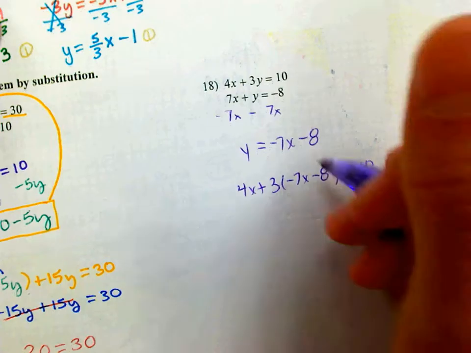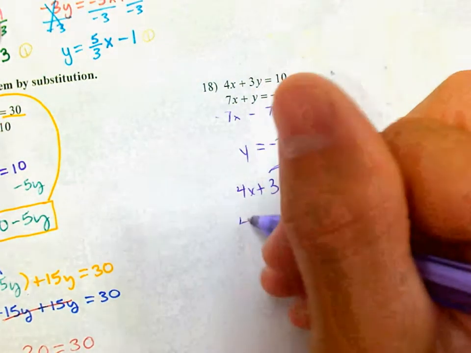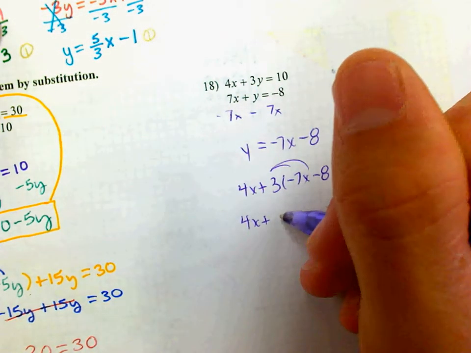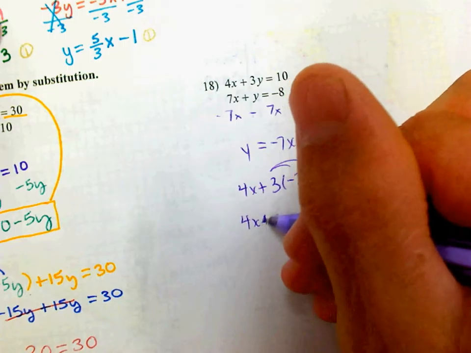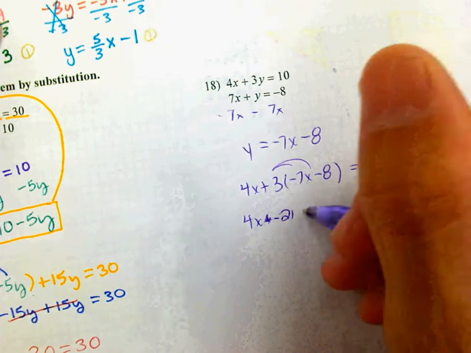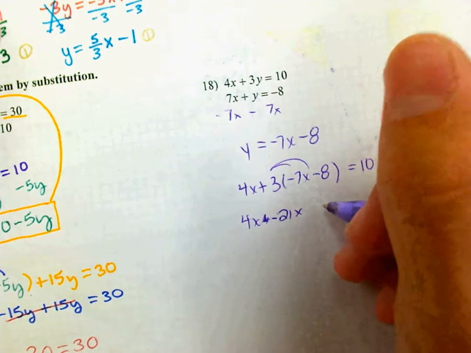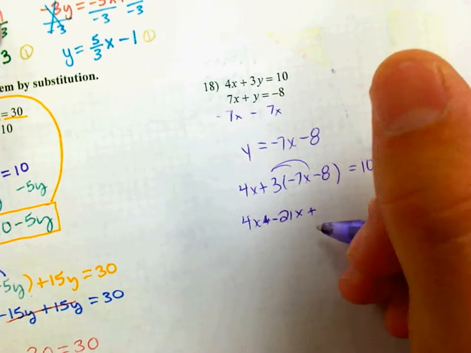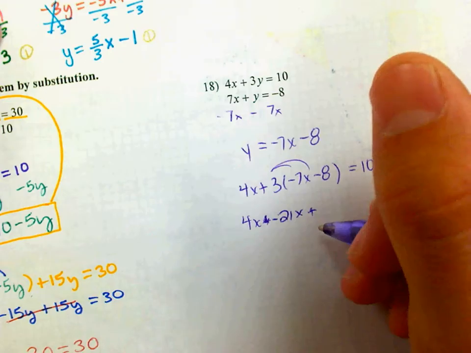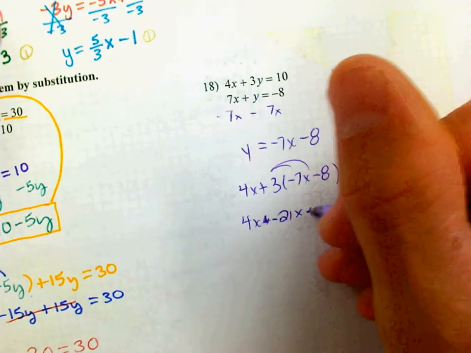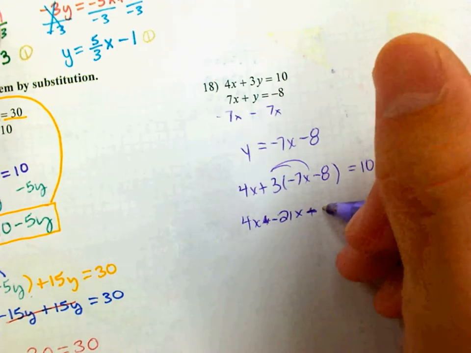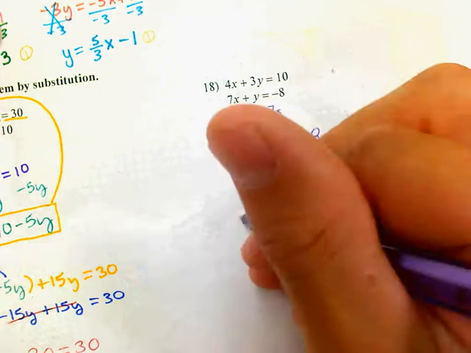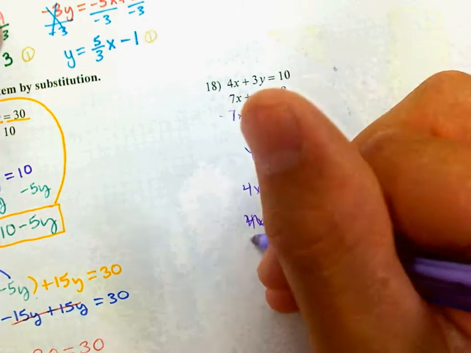Then you distribute. Oh, that's negative. That's also negative. So we got 4x minus 21x and then minus. Mark out both negatives. Yeah.